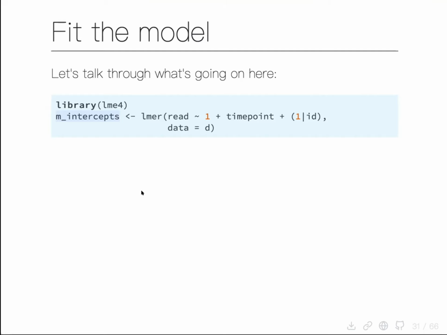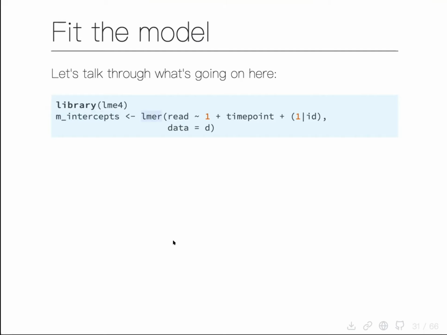When we are fitting a model to data that we are at least assuming is continuous, which is the case with read, then we're going to use this lmer function, okay? lmer stands for linear mixed effects regression. I mentioned in the first class that multi-level modeling goes by a bunch of different names.